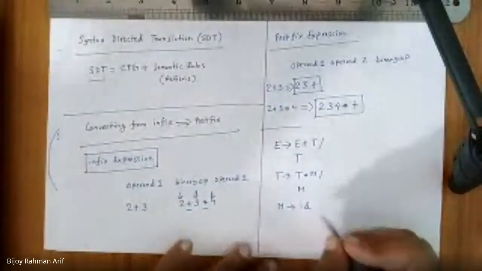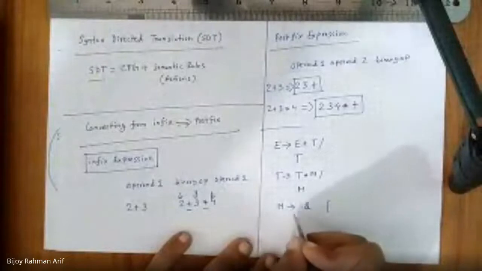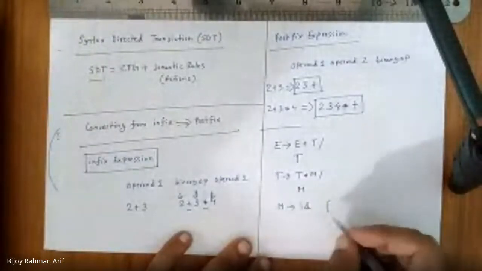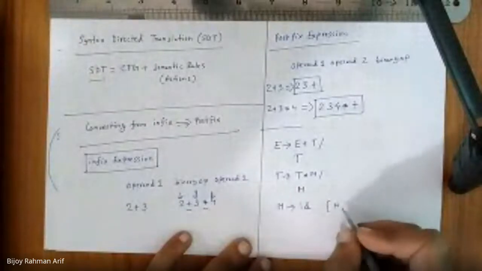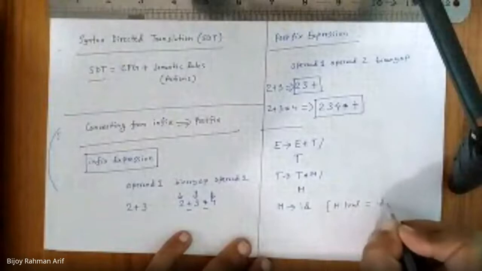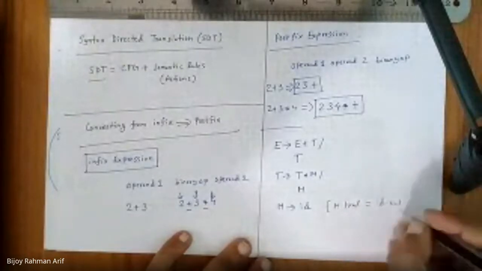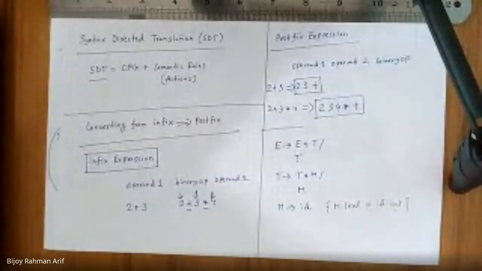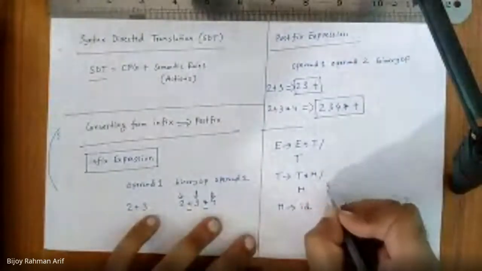This one is very easy. Whenever I reach here, I'm going to write M dot val is nothing but id dot val. That's it. How about the other productions?